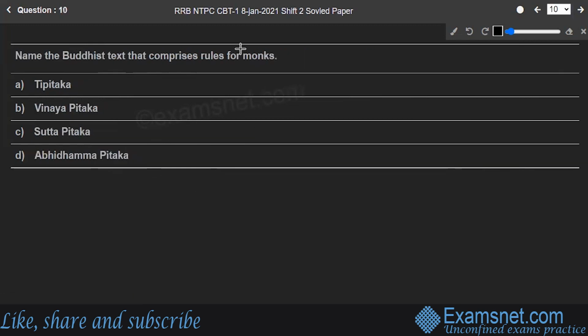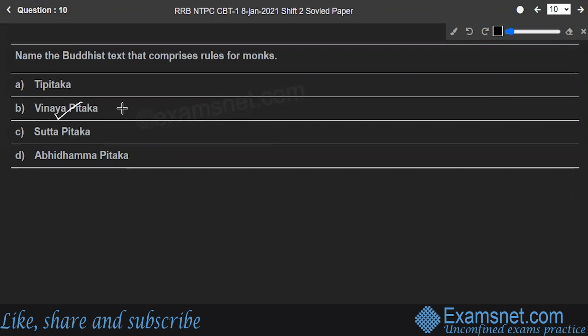Name the Buddhist text that comprises rules for monks. Is it Tipitaka, Vinaya Pitaka, Sutta Pitaka, or Abhidhamma Pitaka? The correct answer to the question is option B, Vinaya Pitaka. The Buddhist text that comprises rules for the monks is called Vinaya Pitaka.